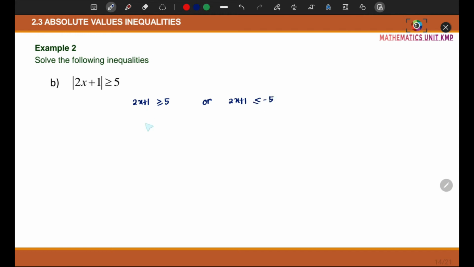Okay, 2x greater than 5 minus 1 is 4, so x greater than or equal to 2. And for this part, 2x less than or equal to negative 5 minus 1 is negative 6, so x less than or equal to negative 3. Okay, so separate, calculate, combine.